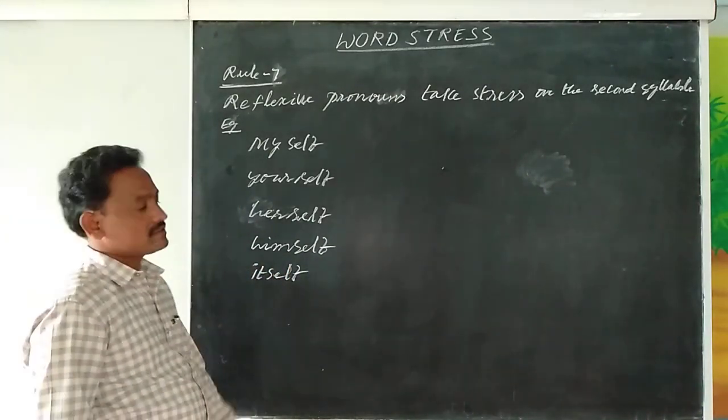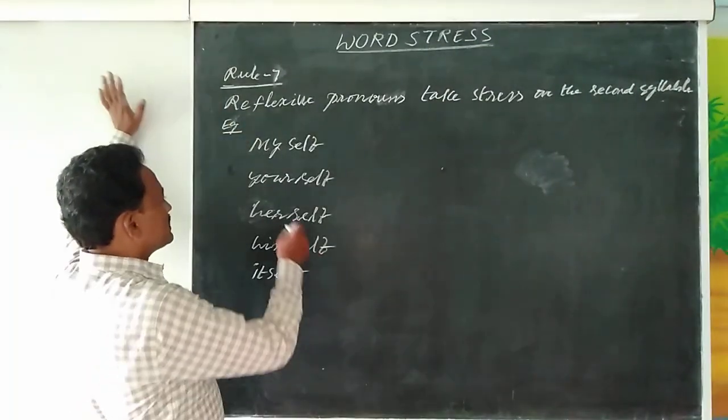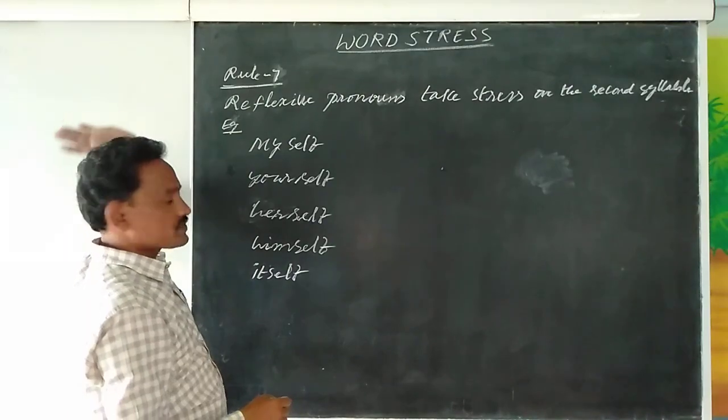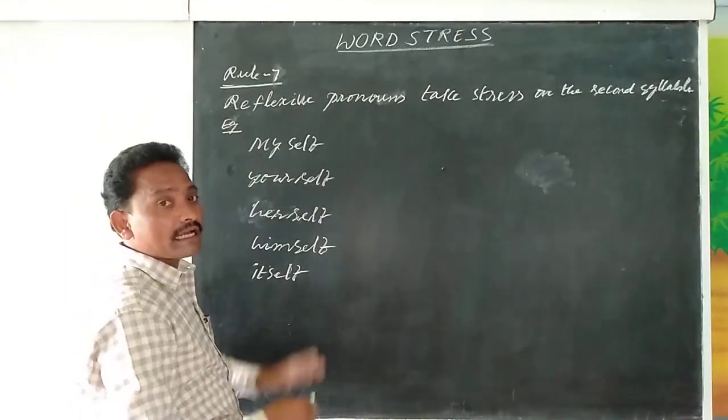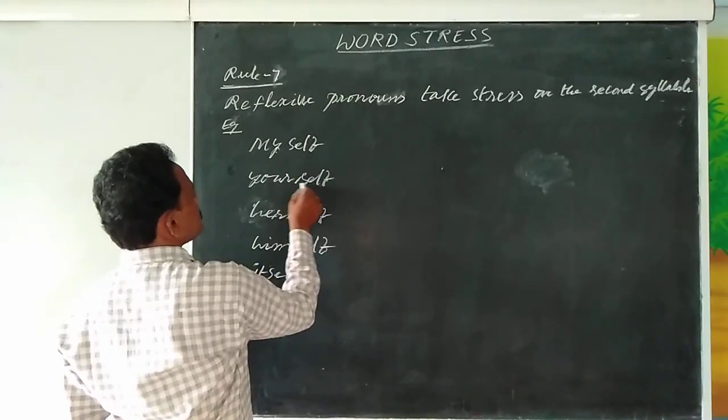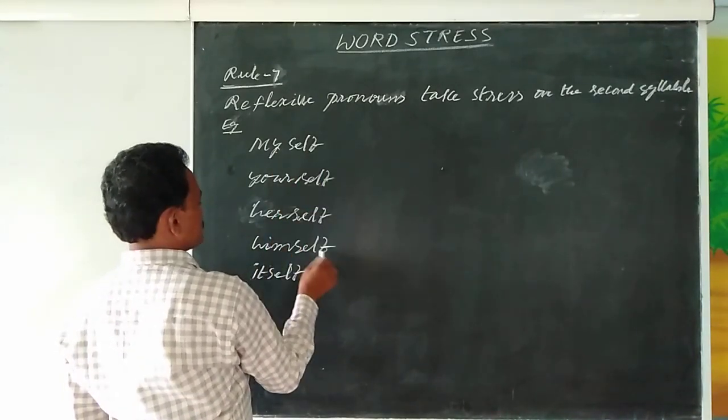Like this. Here, how many syllables? I wrote 5 words here. These 5 words are disyllabic words: myself, yourself, herself, himself, itself.